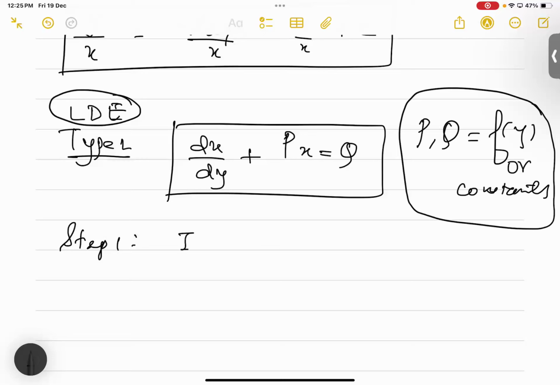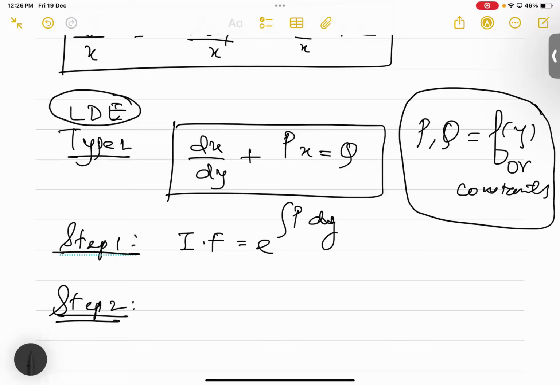Okay. So IF, integrating factor. Can someone tell me what is the integrating factor? Integration of P dy. It will be integration of P dy. Step number 2.